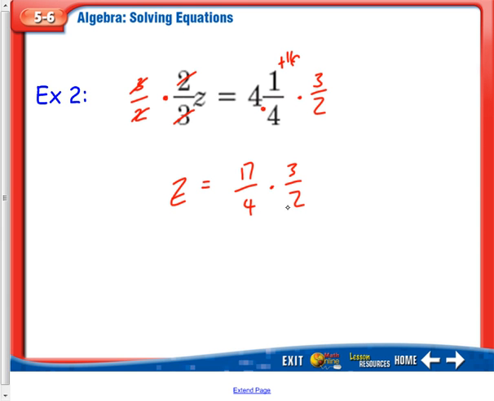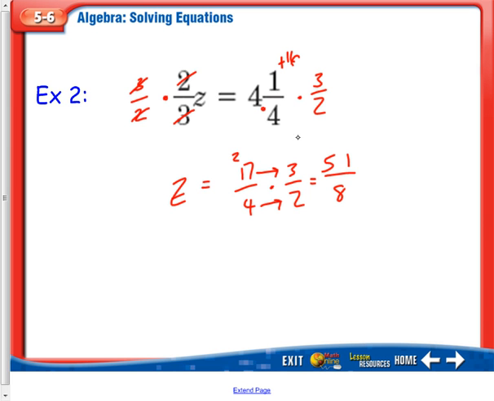I noticed that I'm not able to simplify anything at all, so I multiply straight across, and 4 times 2 is 8, and 17 times 3, if you need a calculator, you can pull one out. Otherwise, 7 times 3 is 21, and 3 times 1 is 3, plus 2 is 5, so 51/8.